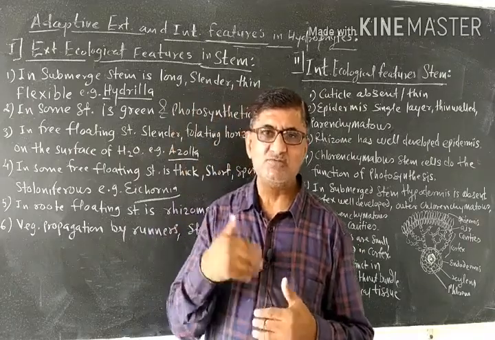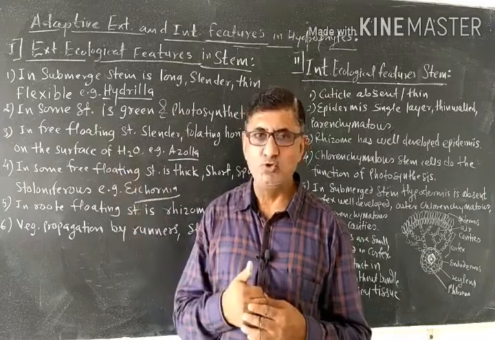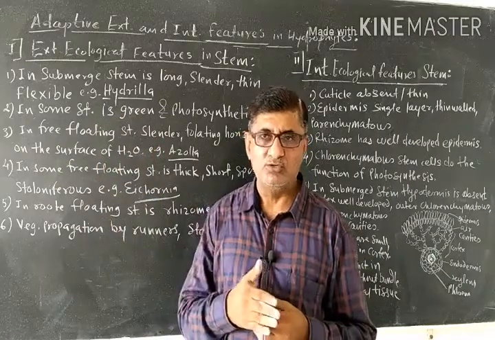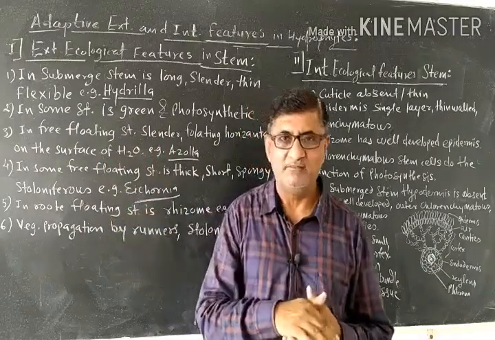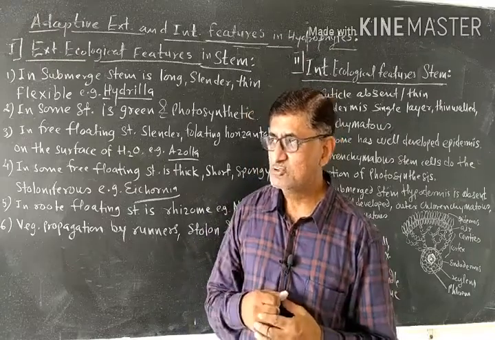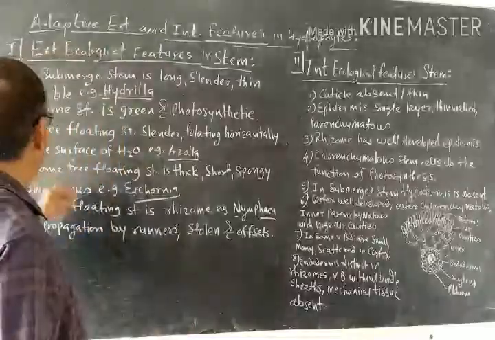Such a stem becomes very flexible, and when water flows, it can easily bend along with the water flow, and the hydrophyte saves itself. So like this, some adaptations are there in the stem of hydrophytes.